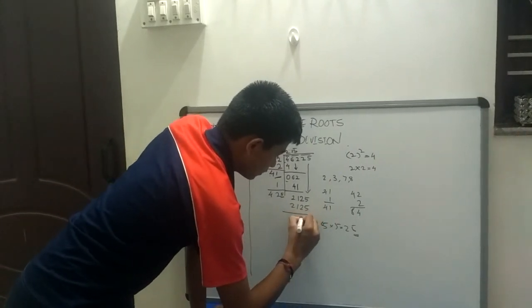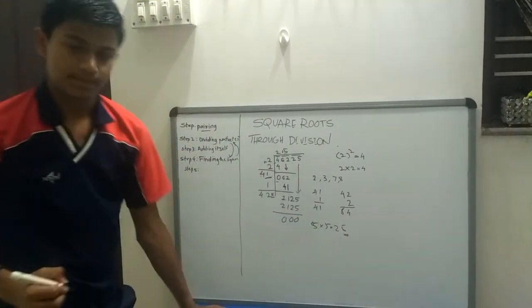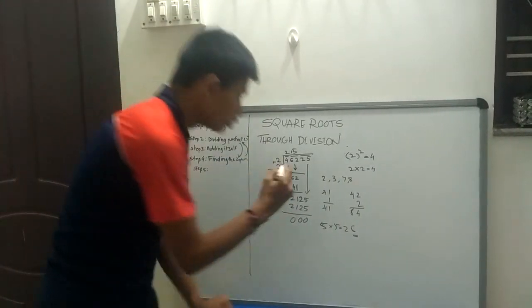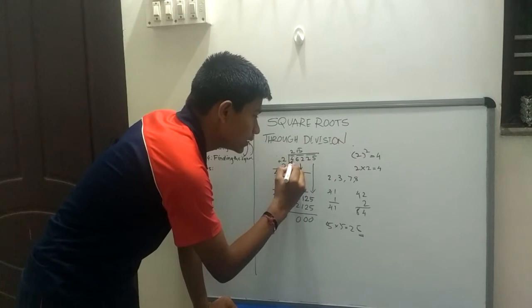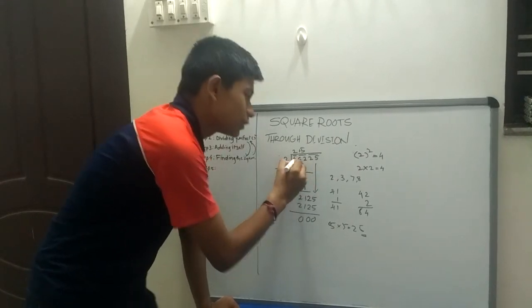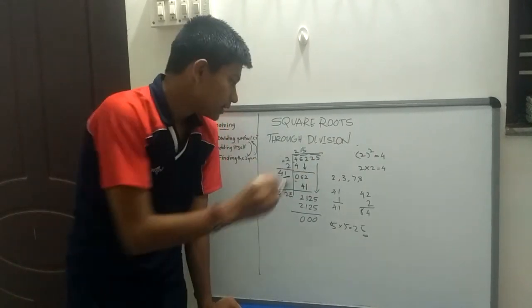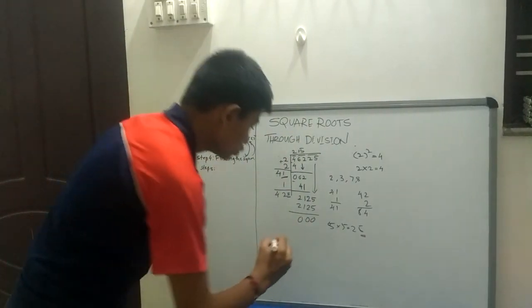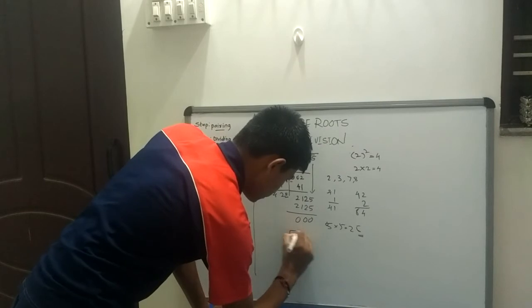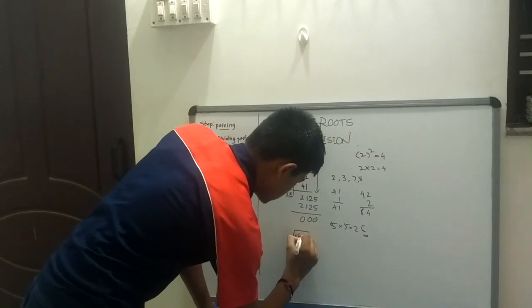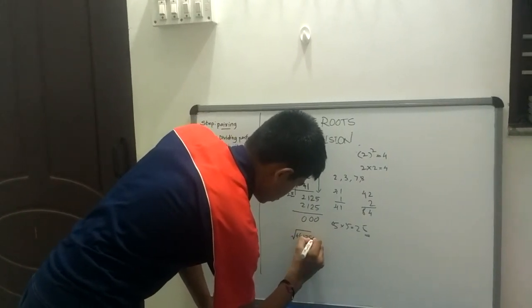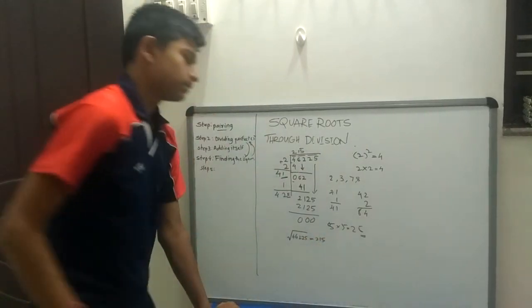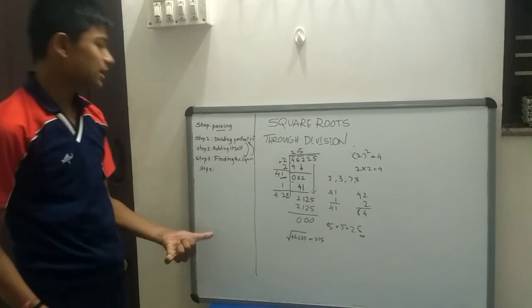So the remainder will be 0. So here the square root of 46225 is 215. It can be represented as the square root of 46225 equals 215.